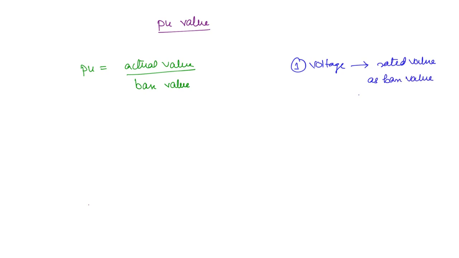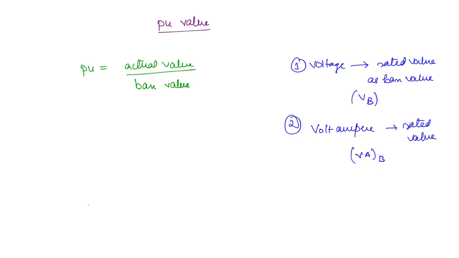Let us say this is represented as VB, and we take another value. What is that? Apparent power, volt ampere. So this also we take the rated value as the base value. So this if you represent as VAB.